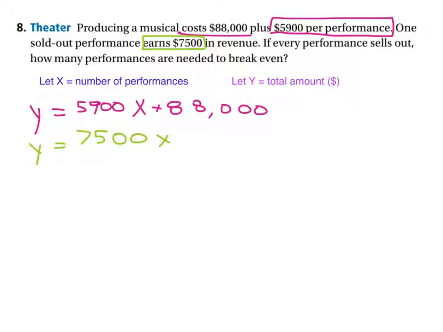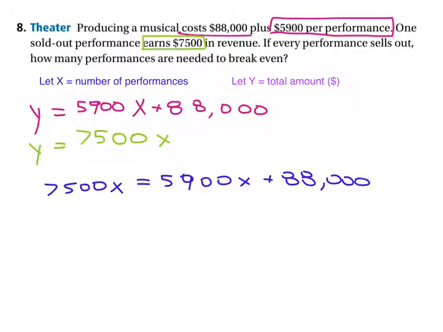You can use substitution. They're both equal to Y, so you could set them equal to each other. For example, like this, 7500X equals 5900X plus 88,000, and you solve that for X, you will find out the total number of performances.